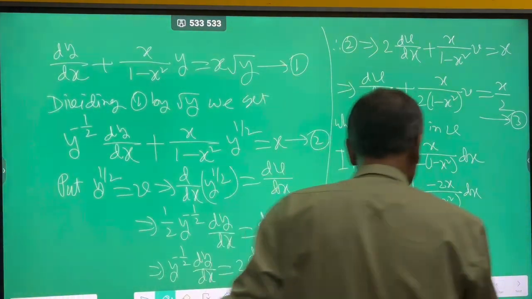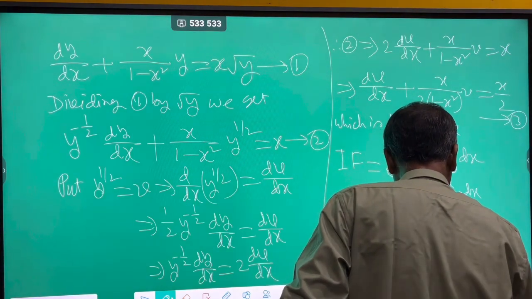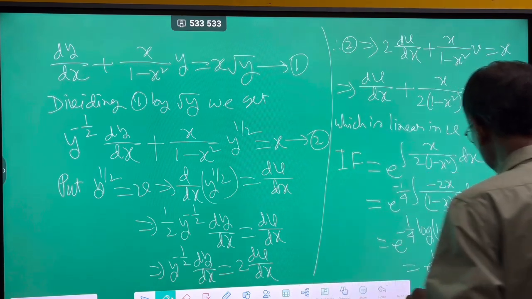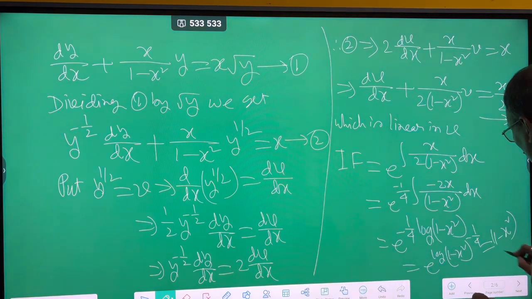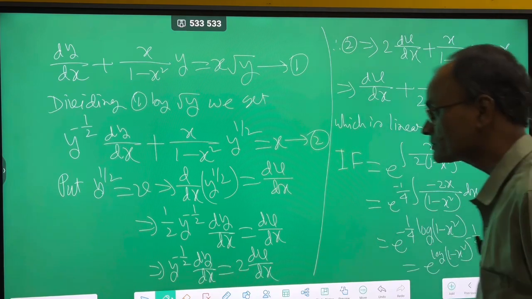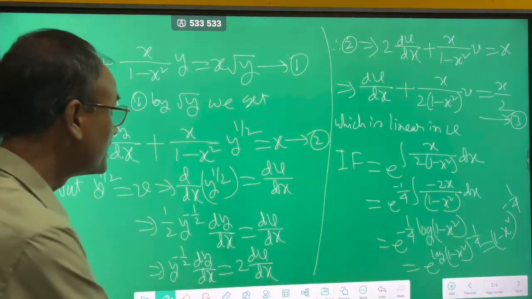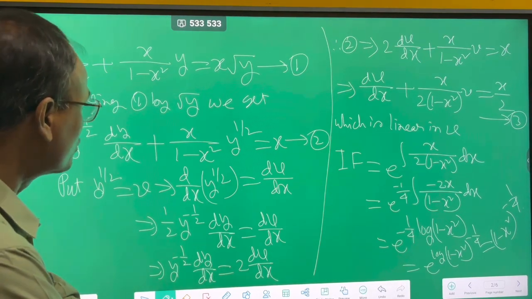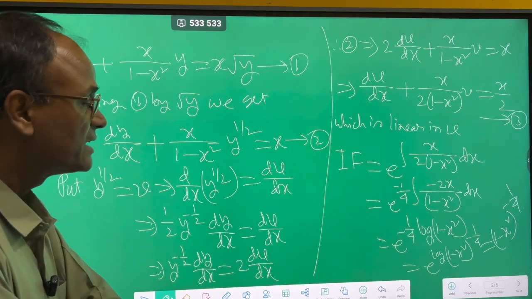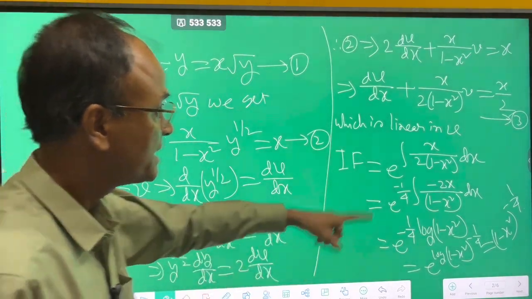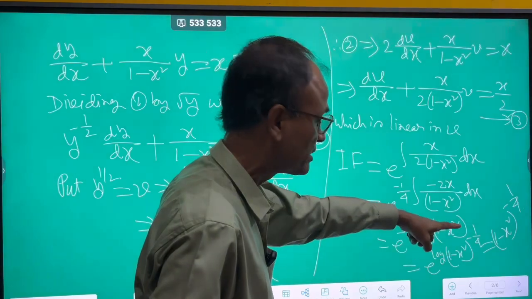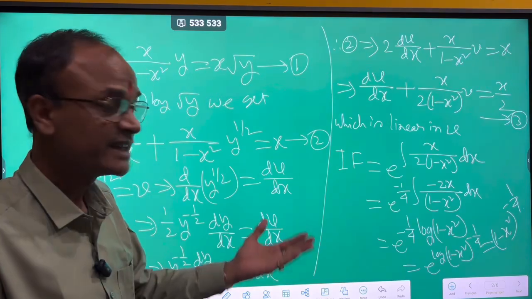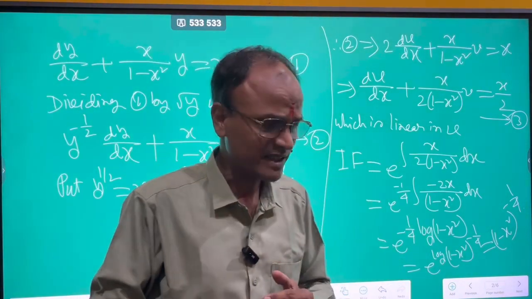This is equal to e to the power log 1 minus x square whole to the power minus 1 by 4, which is equal to 1 minus x square whole to the power minus 1 by 4. Now, if you multiply equation 3 by the integrating factor, then the left hand side will become a perfect differential.